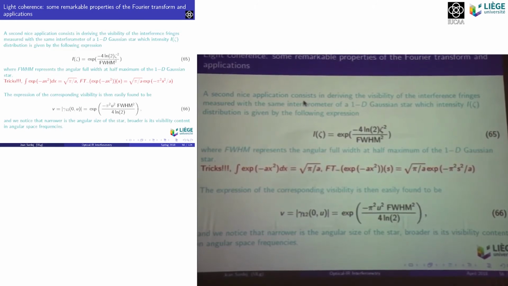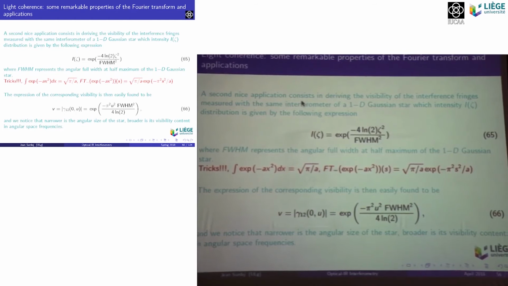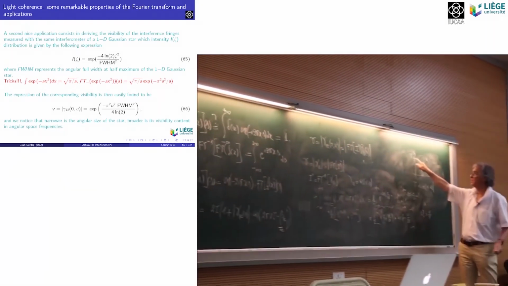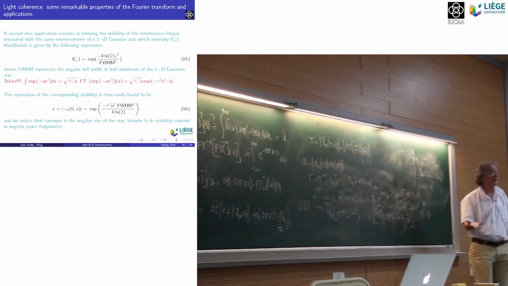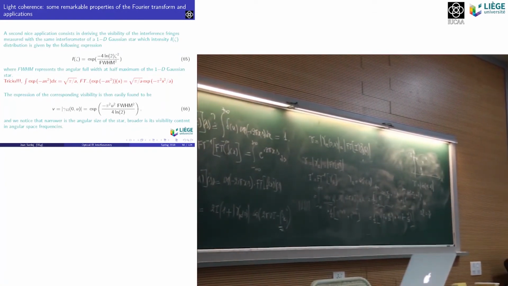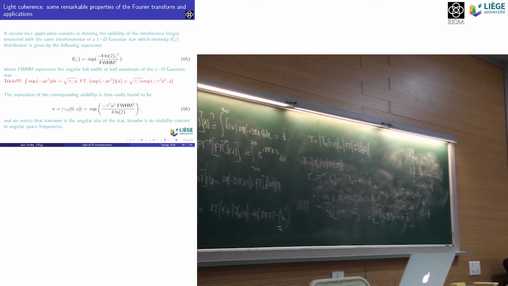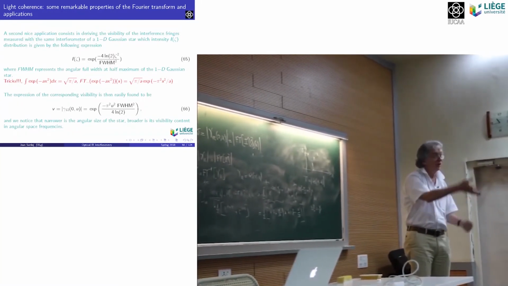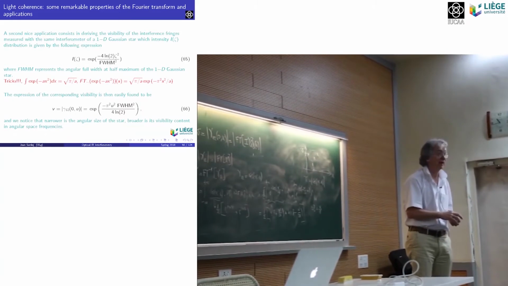Always. There is a good reason why. When I showed the visibility here, for u equals 0 the visibility was equal to 1, because you don't resolve the source. If you put 2 telescopes of an interferometer close to each other, the baseline is 0, so it's impossible to resolve the star. So visibility will always be equal to 1.